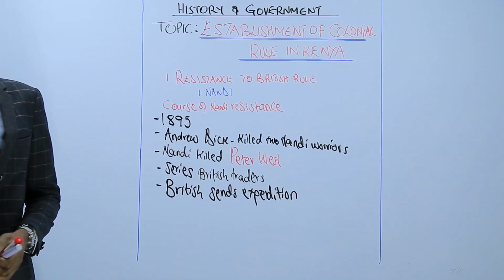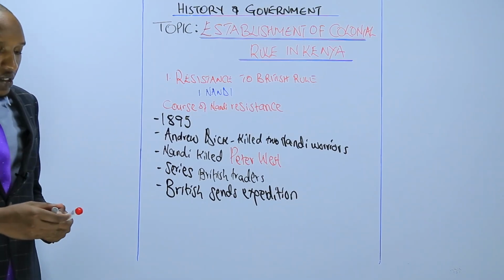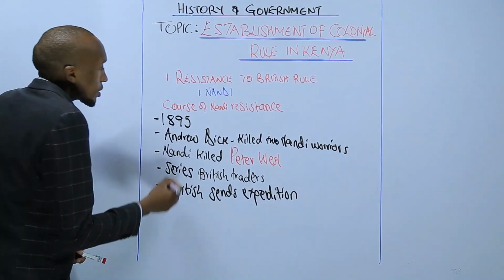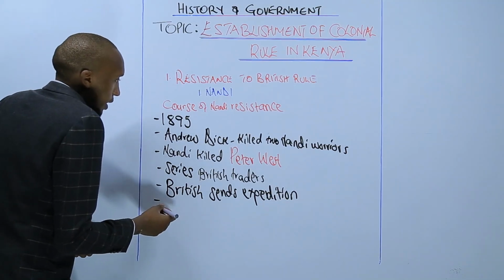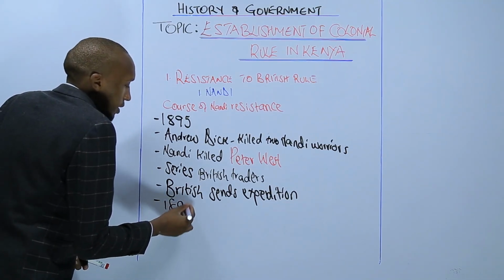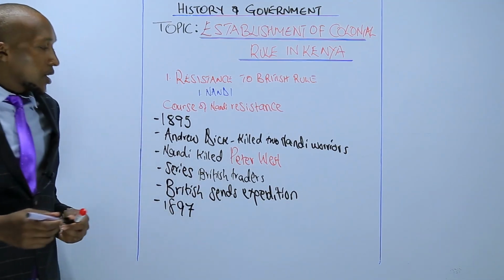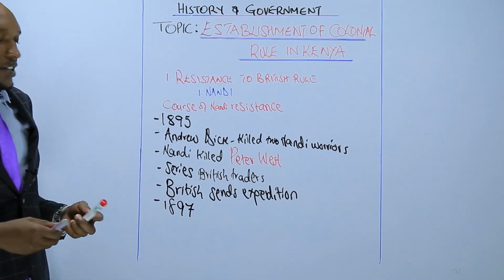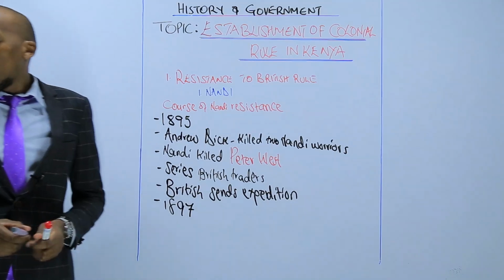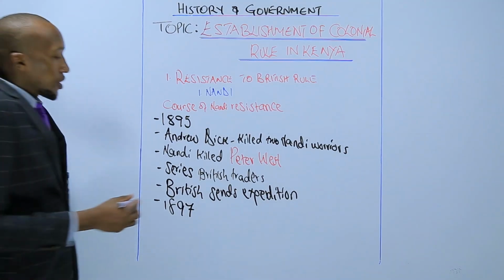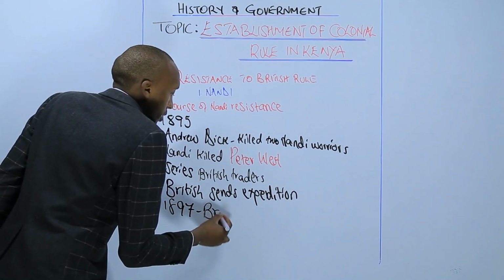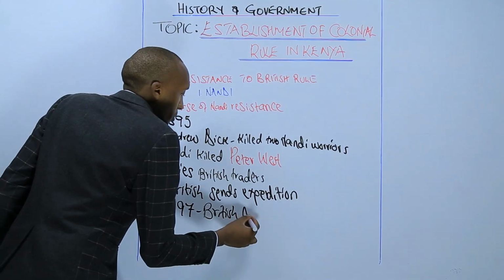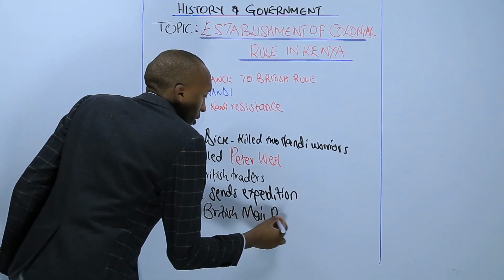So this continued, and in 1897, that is 2 years later, the Nandi made a very severe attack on the British Mail Party.